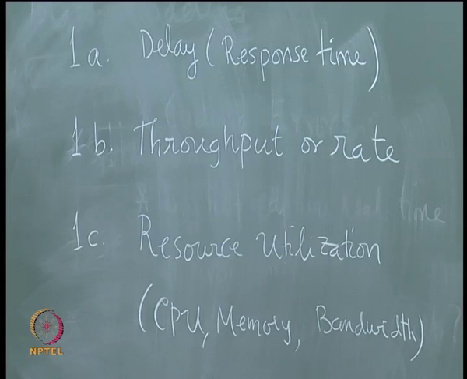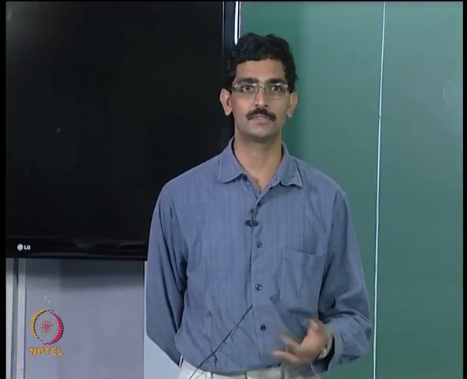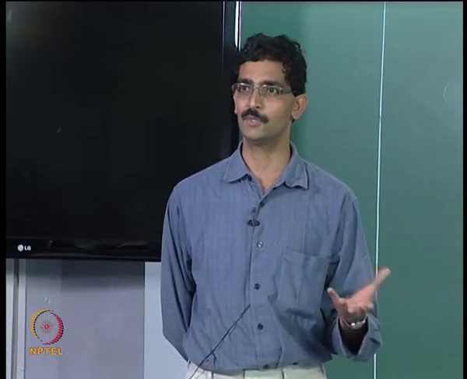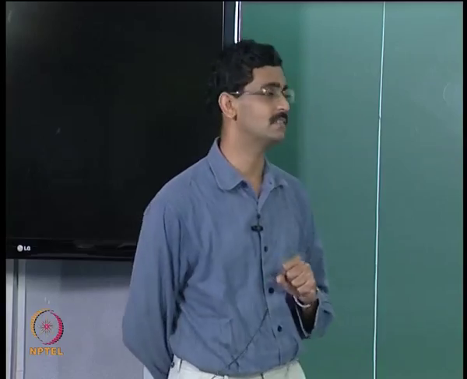Utilization of the link, is it 50%, 100%? For the same load, if I am able to use fewer resources, then that is better. Or when I am running a searching or sorting algorithm, if I use less memory, that is better. So you look at resource utilization as another way of capturing.